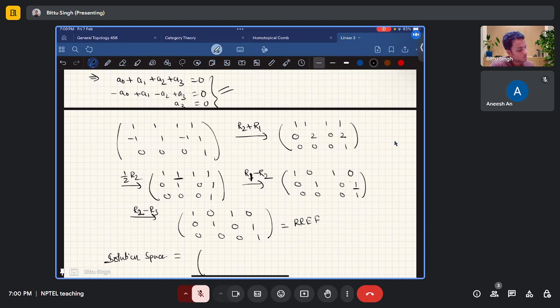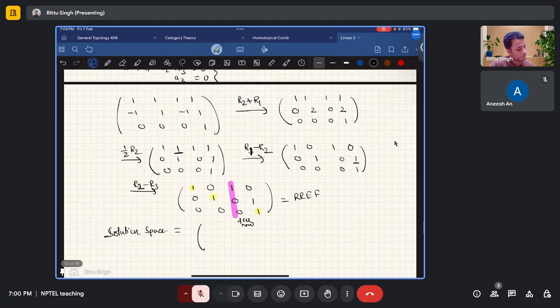So again we see what the free columns are. Those containing pivot elements are not free, so there is only one free column, this one. In the place of the free variable we can choose anything, so we will always choose 1.